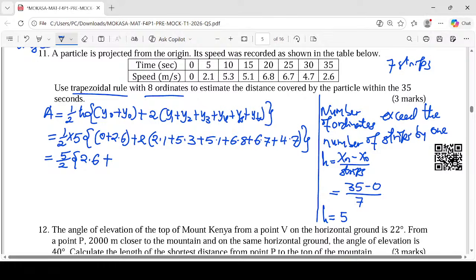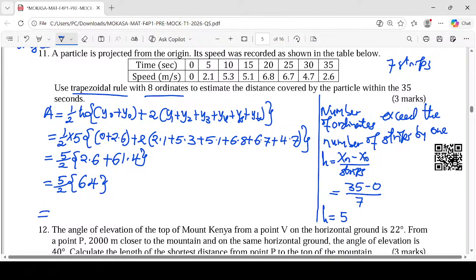Then multiply that by 2. This becomes 61.4. Then after that, let's sum. This will be now again 5 over 2 into 61.4 plus 2.6. This becomes 64. Then now you multiply 64 by 5 over 2.